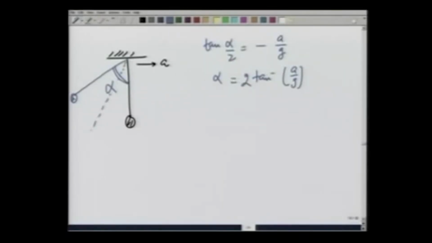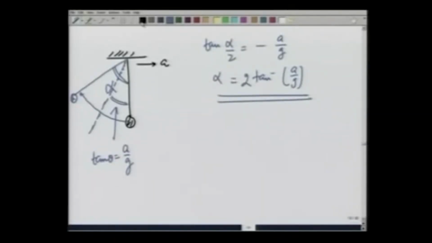This has a beautiful interpretation. Remember earlier, this was the angle which has tangent theta equals A over G, that angle where the new equilibrium point of the pendulum was. So, in a way, the pendulum has swung across the equilibrium point by as much angle as it was away from it on one side, and this is a solution that we have gotten by solving in an inertial frame.